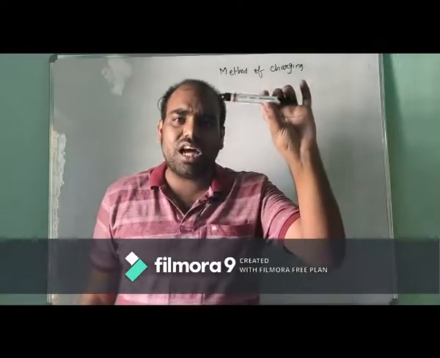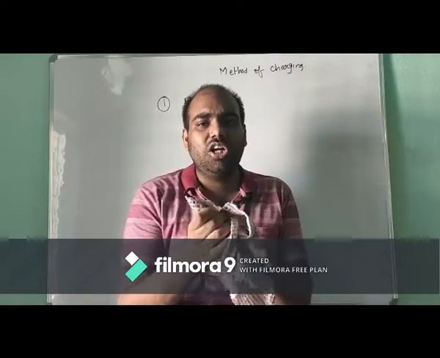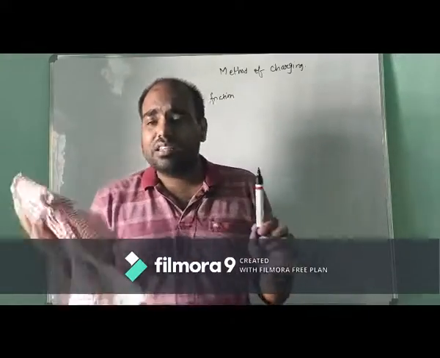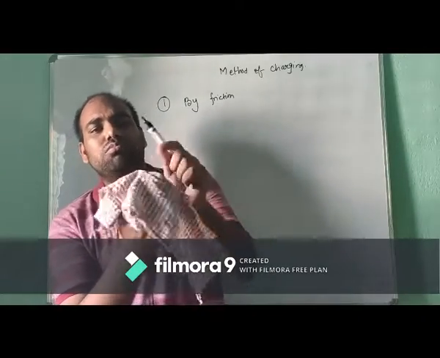Suppose this is a glass rod, and suppose this is a silk. Now I am rubbing the glass rod over the silk. What happens is that electrons move from the glass rod to the silk.